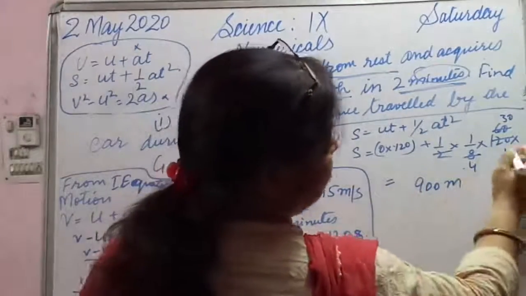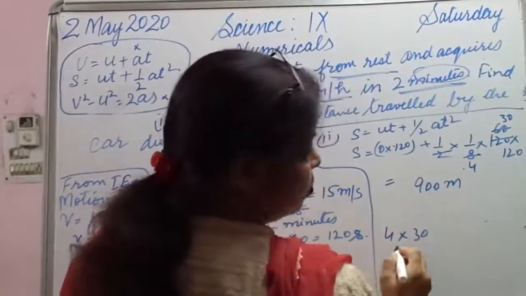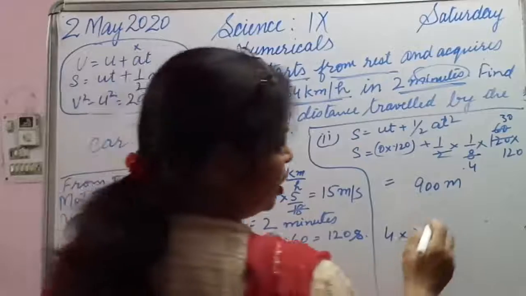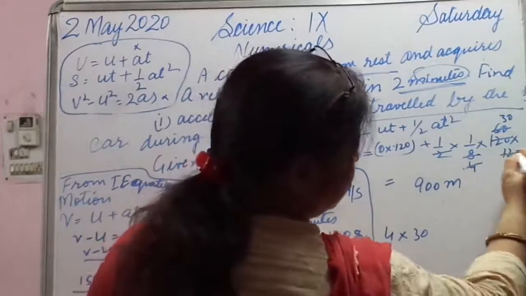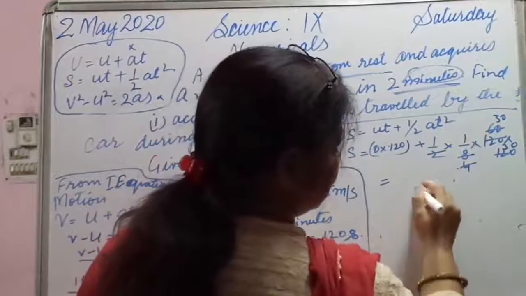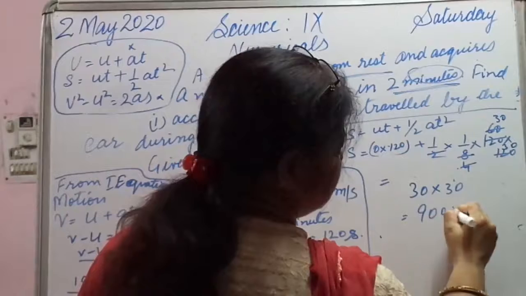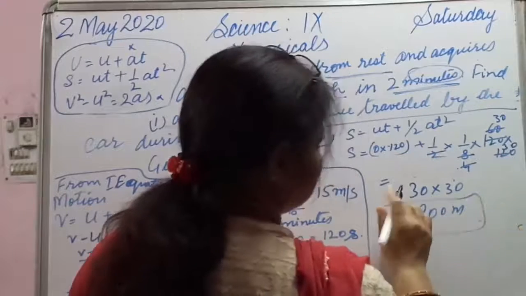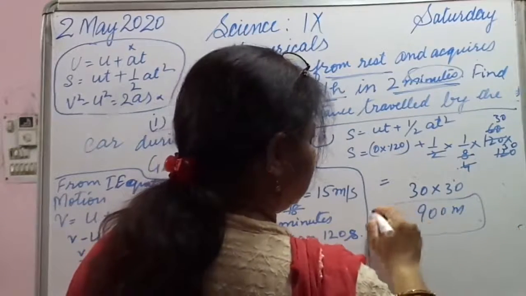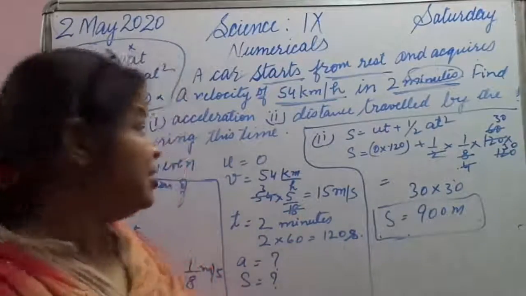If we multiply 30 into 30, it becomes 900. So s is equal to 900 meter. Okay, let us see again.